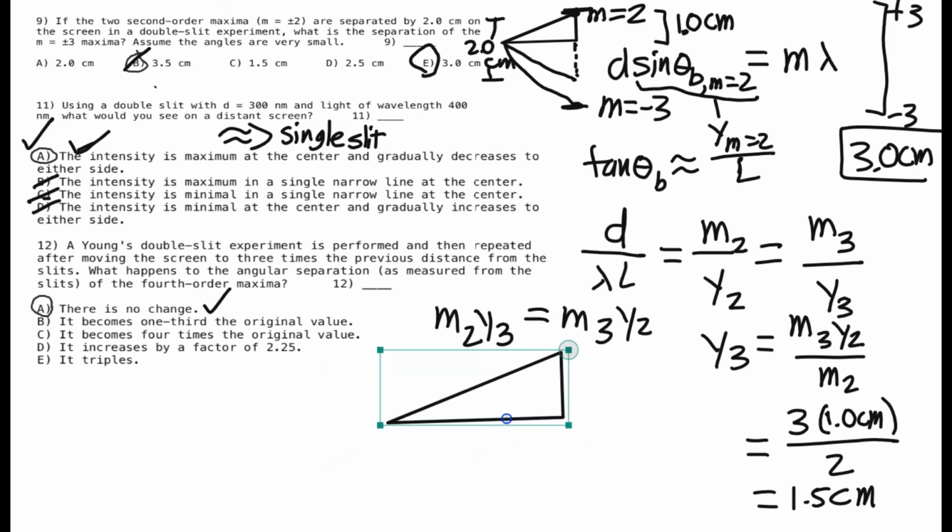Yes, y will be larger and L is larger, but they're proportionally larger to each other, so theta is the same. This is the whole idea of similar triangles. So that's exactly correct. Hopefully you now understand why the double slit experiment is so important and how you can accomplish calculations with it.